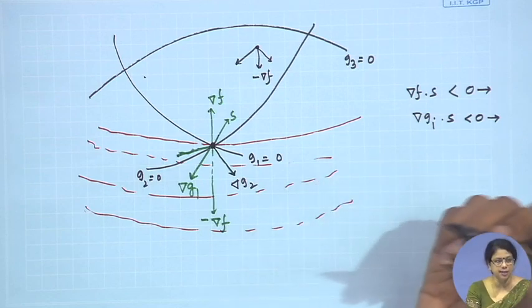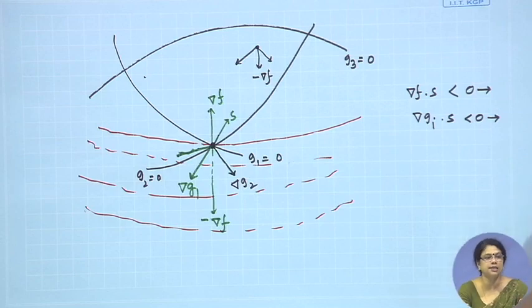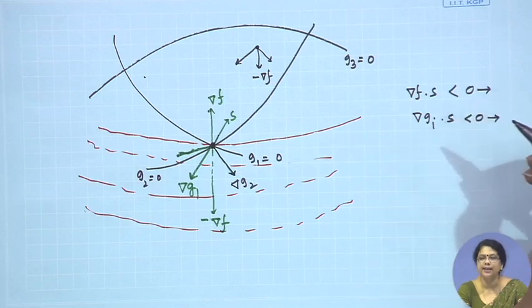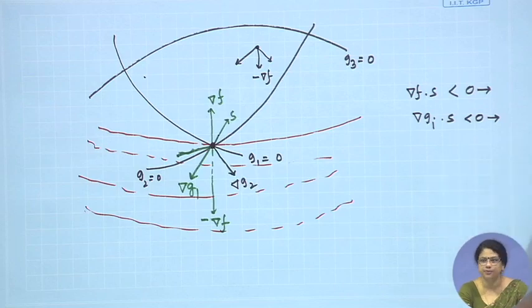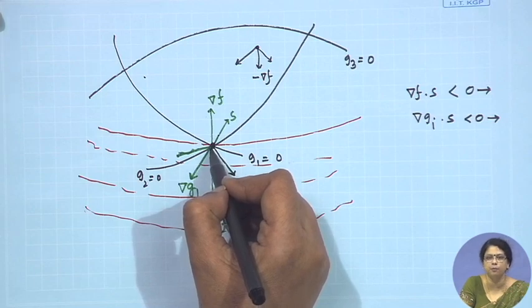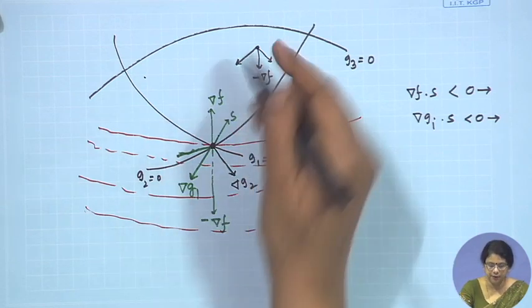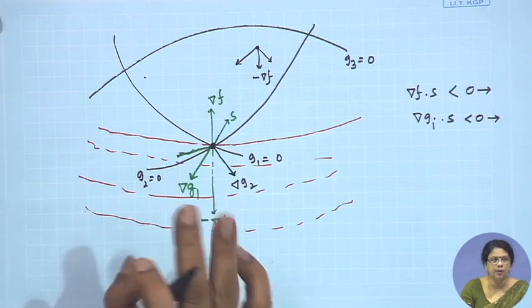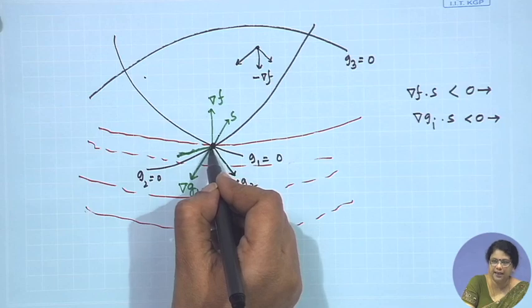That is why in the Zoutendijk method of feasible direction, it is said that you proceed from a point in that direction which is feasible as well as descent, clear. From here, if this is the guess point of my optimal solution, then you see I cannot move further within the feasible space with these two conditions. But if I start from here, I can do it. If the problem is of maximization type, the optimal solution cannot be here.